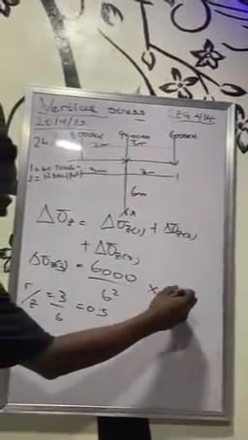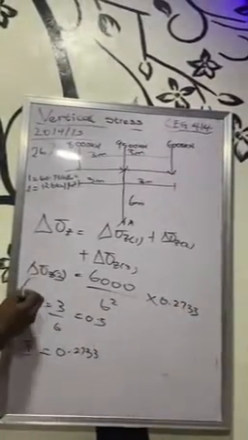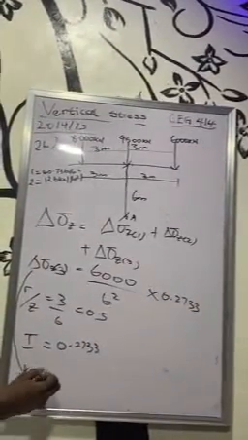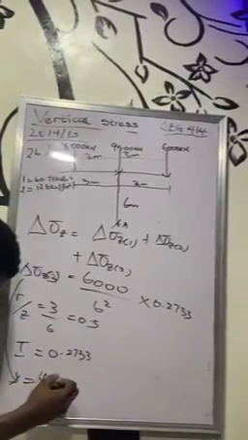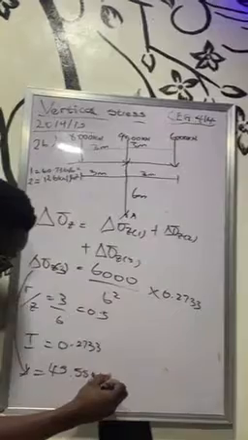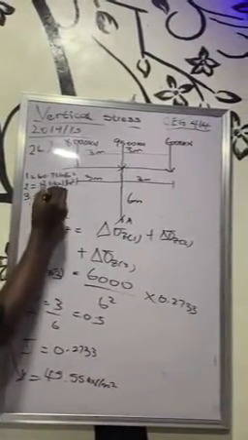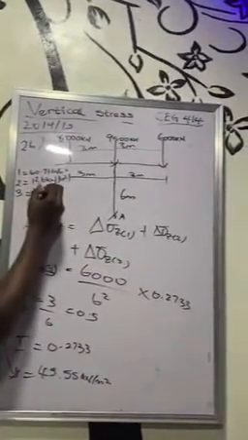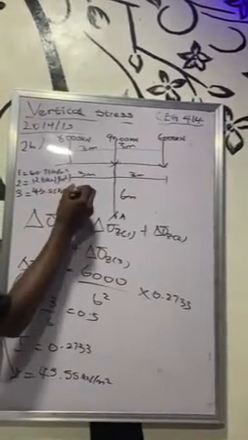So I multiply by 0.2733, and when you do the multiplication, of course, you get something like 45.55 kilonewton per meter squared. So let's just keep this third one here, 45.55 kilonewton per meter squared.